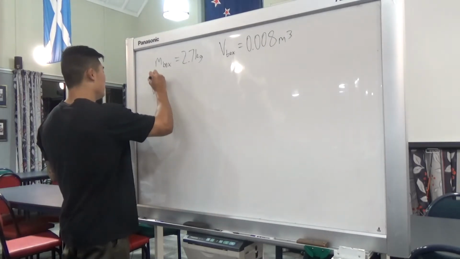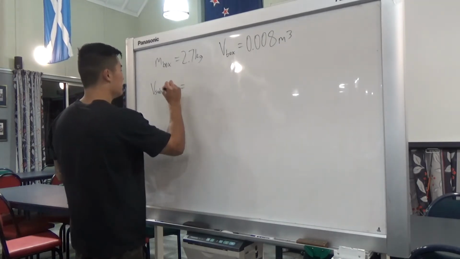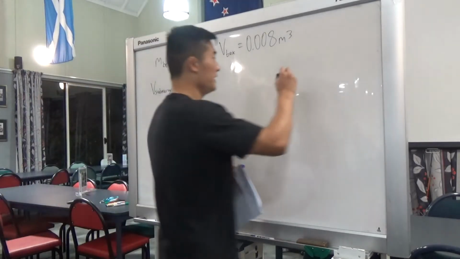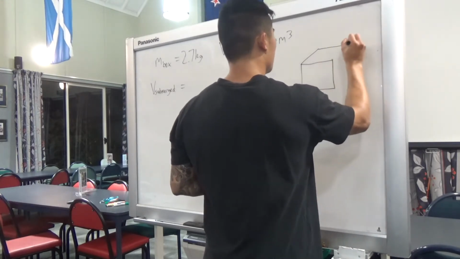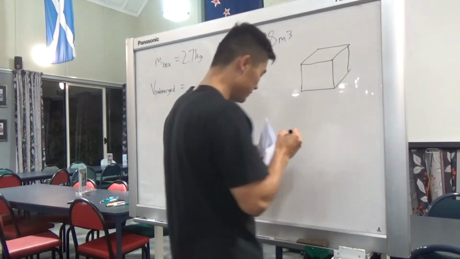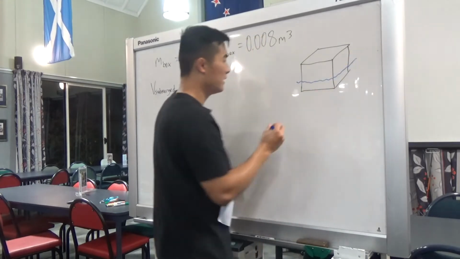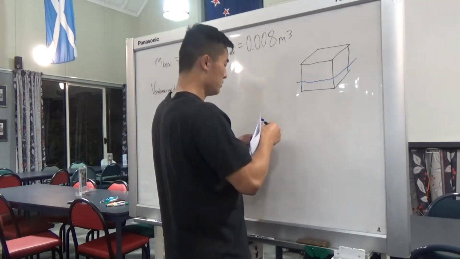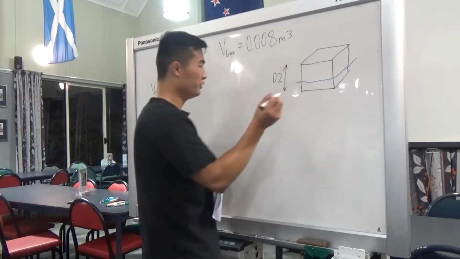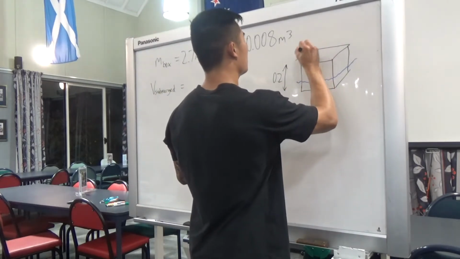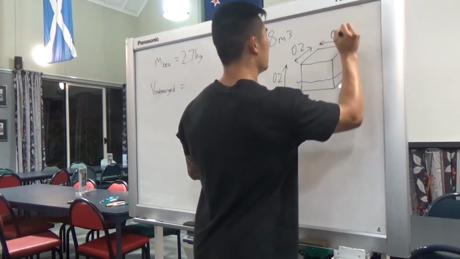So the volume that is now submerged is equal to, so we have the box here. Okay, so now this was 0.2, 0.2.